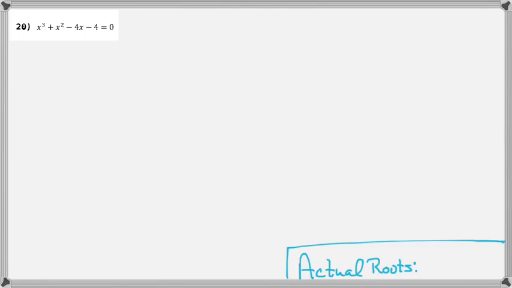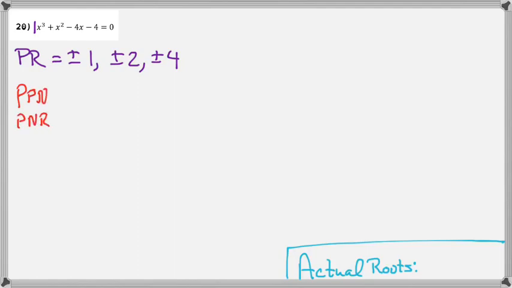So we're going to do the same thing on this next one. We're starting off by finding our possible roots. And since there's a 1 here, that means I just get to list the factors of my constant. Then I'm going to go through and look at my sign changes for my possible positive roots, possible negative roots, possible imaginary roots.